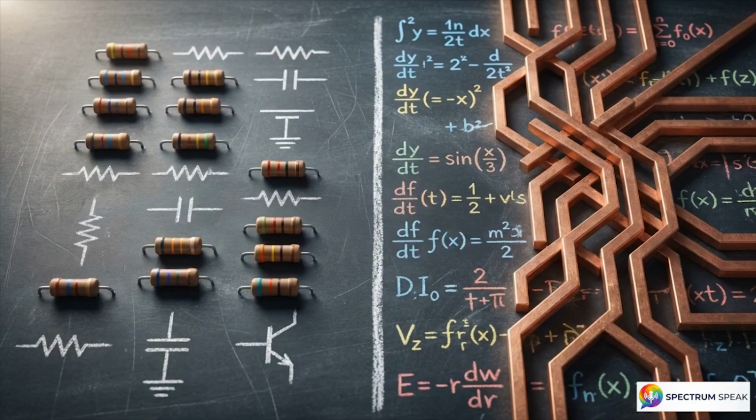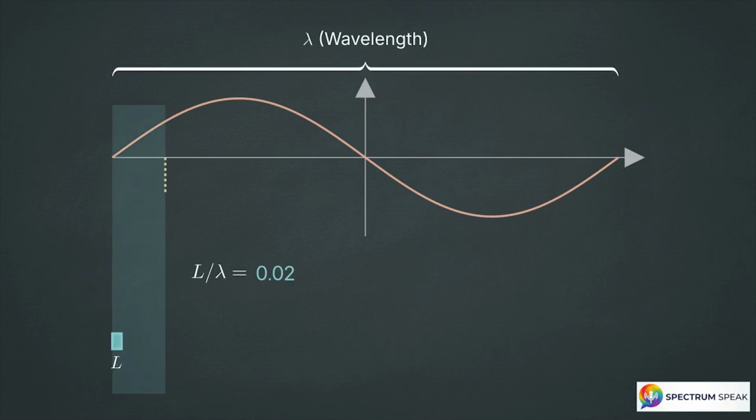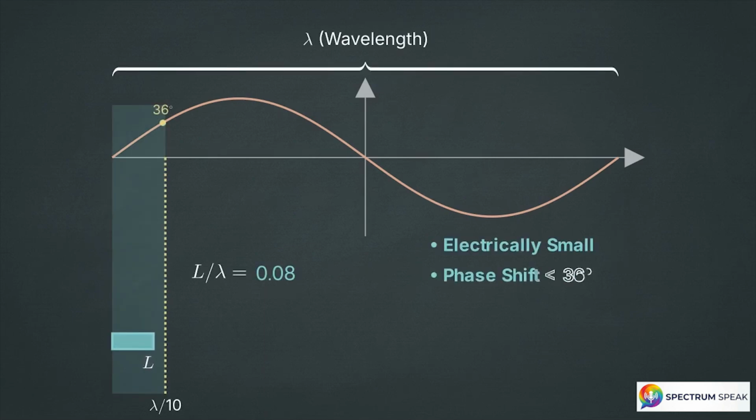There is a hard mathematical boundary that separates simple circuits from complex transmission lines. It is known as the lambda over 10 threshold. Here, a circuit component scales against a sine wave. An electrically small circuit is strictly less than 1/10 of a wavelength. Below this boundary, phase shift is under 36 degrees, making Kirchhoff's laws valid.